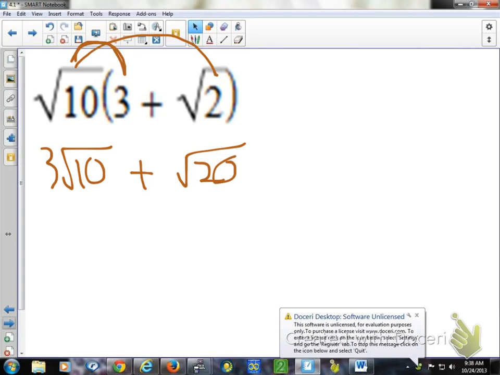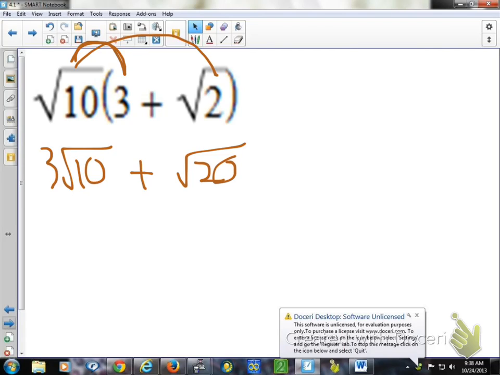Are you sure? 20 and 10. 10 does not reduce, because 5 and 2 are not perfect squares. 20 is 4 and 5. Are either of those perfect squares? 4 is. Now here's the thing. 10 is composite, but none of its factors, 1 and 10, 2 and 5, none of those are perfect squares.